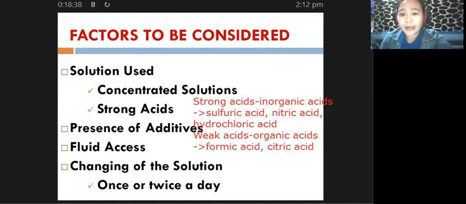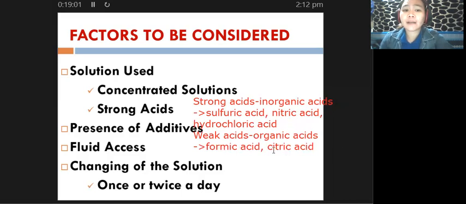That's why strong acids are not used if you would like to perform immunohistochemical or immunocytochemical staining later on, because there is a loss of your tissue antigens.